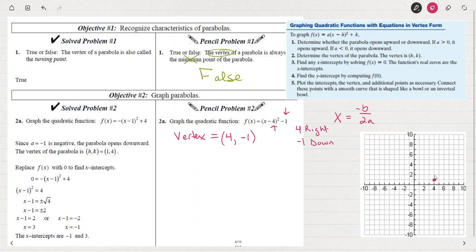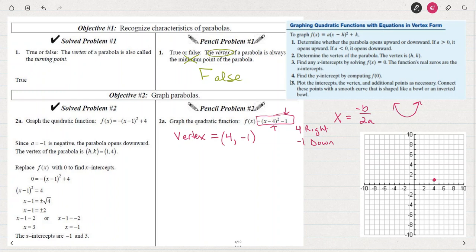Here's our vertex. Now also, did you notice that this is going to open upward? Because we start out positive, we know that we're going to open upward. So we know that from this vertex we're going in a positive direction.